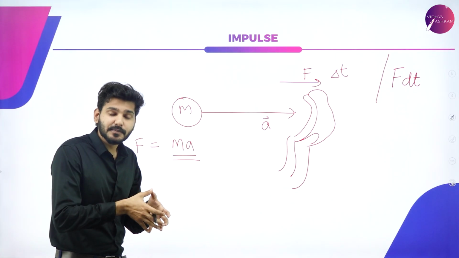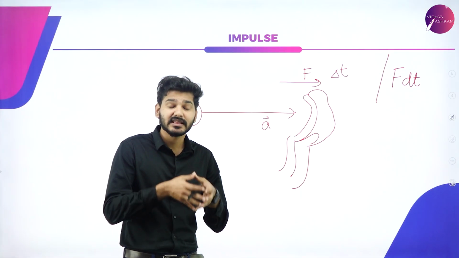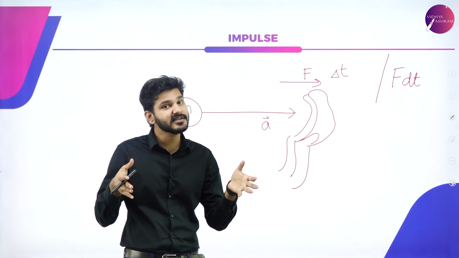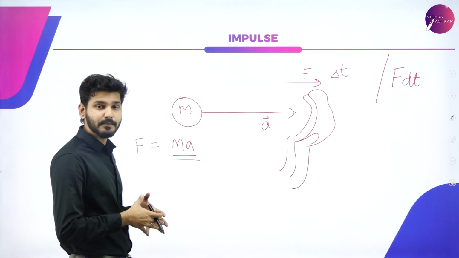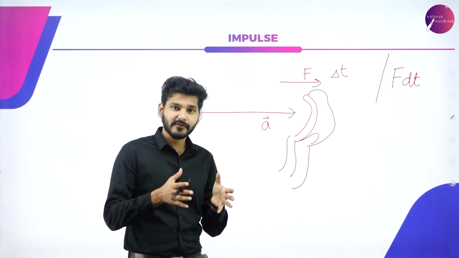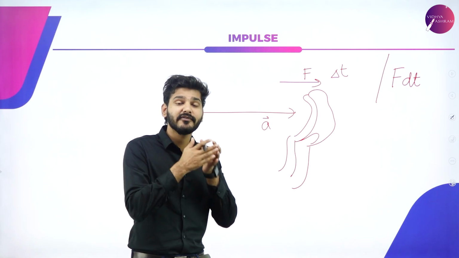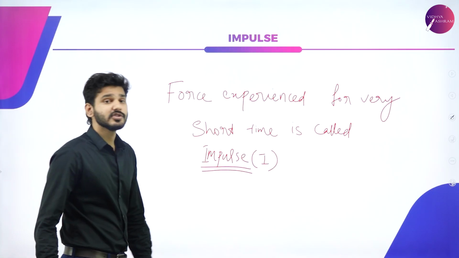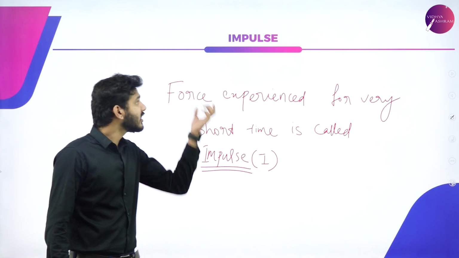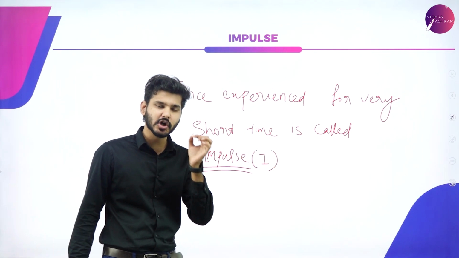So when this particular force is being experienced for a short period of time, then that particular thing is known as impulse. So we can actually define impulse as a strong force, or simply a force which is experienced for a very short duration of time.